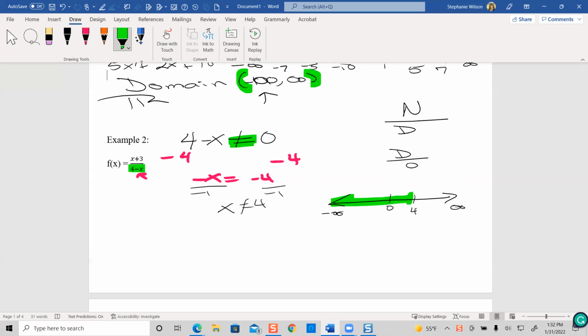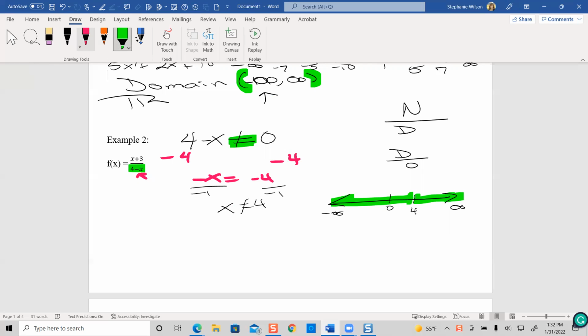I could use, because we can plug in 0, and that gives me 4 minus 0 is 4. We can have that. I can plug in -5, so that's 4 minus -5, which is going to be 9. I can have that, right? So I can have all numbers less than 4, and then I can have all numbers greater than 4.